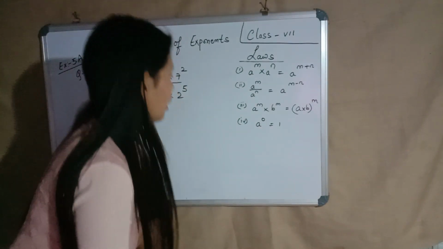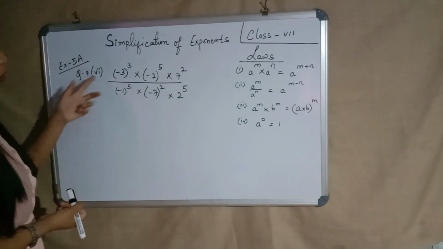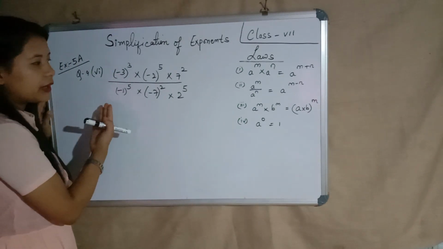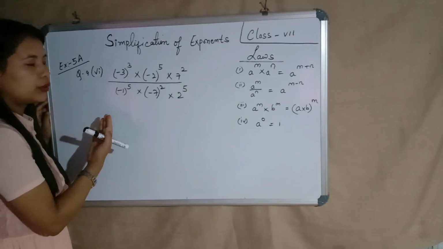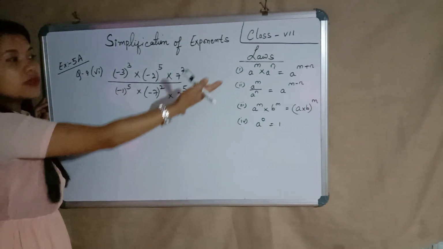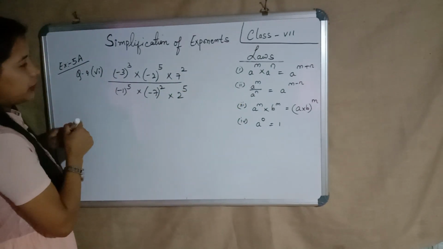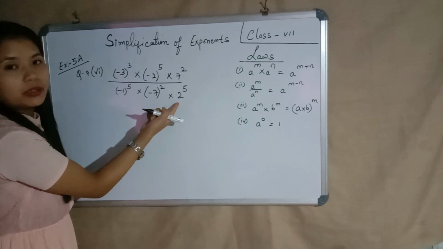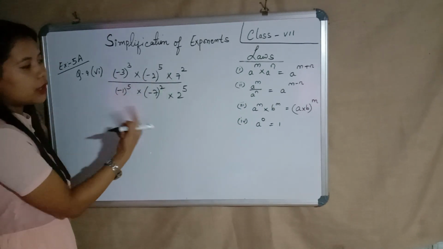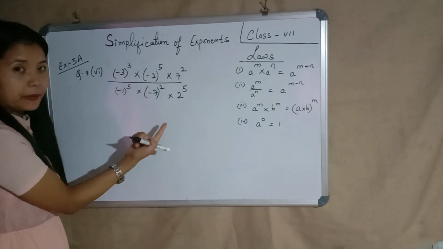If you look at the problem, there is no direct number where we can use the formula directly, isn't it? We have minus 2 here and 2 here, which are not the same. We have 7 here and minus 7 here, which is not the same.